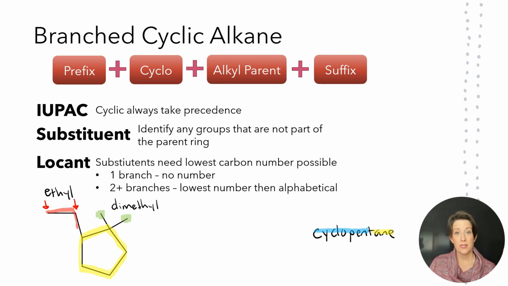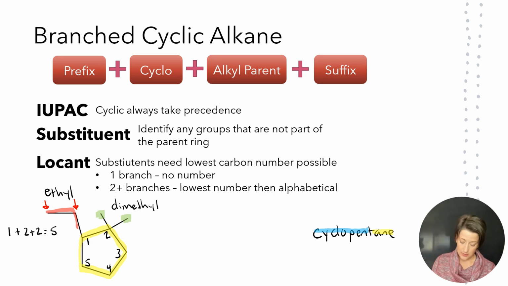Now that we have our substituents identified, we need to give them locant values. Giving my numbering, starting with my ethyl, let's say that has locant value 1. That means my dimethyls need to have the lowest potential number, so that's going to be 2, 3, 4, 5. In this route, our ethyl has 1. Each methyl has 2, so that gives us a total sum of 5.